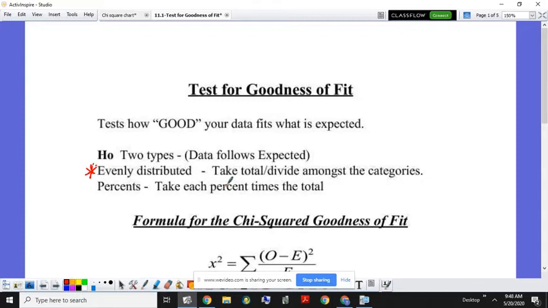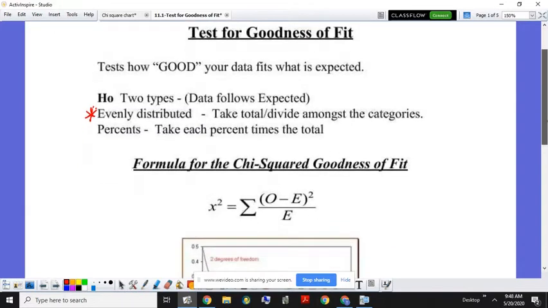And your theory is that they sell the same amount of each color, right? So that would be an evenly distributed one. You would look at all the total shirts that were sold and divide them by how many categories you have to see if there was the same amount. So what we're doing is testing to see how good our data fits to what we expect.